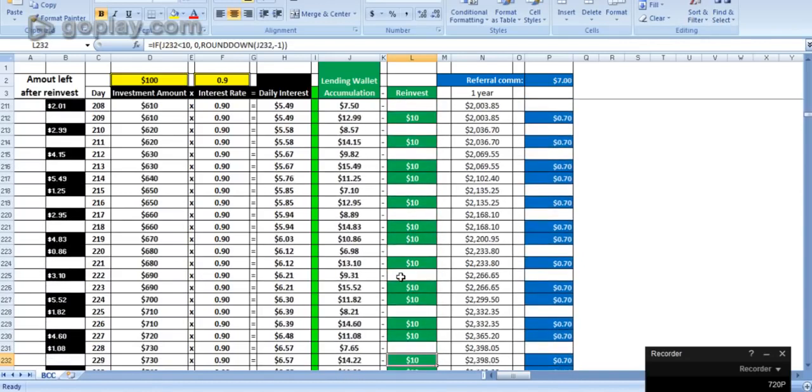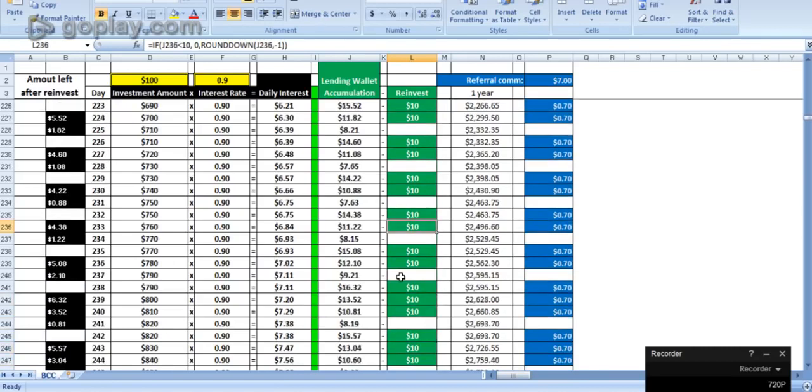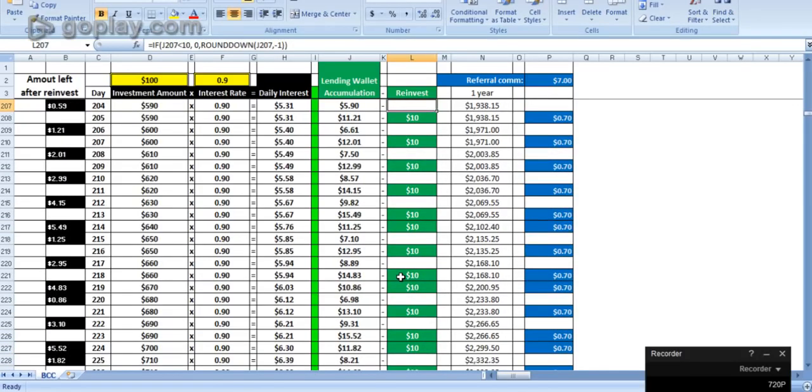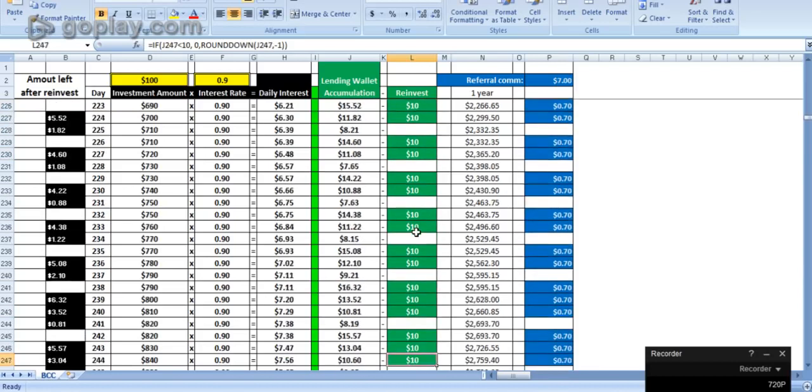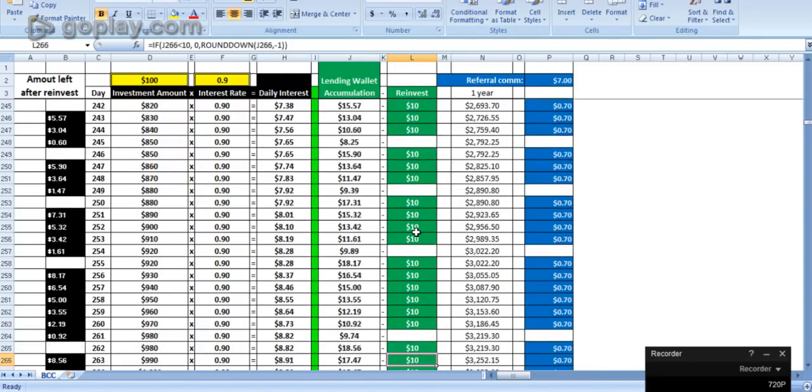You can see right here is your first day after day $10. That's the first time it happens at day 213. But then if you keep on going, they start to be constant. Right here, day 262.